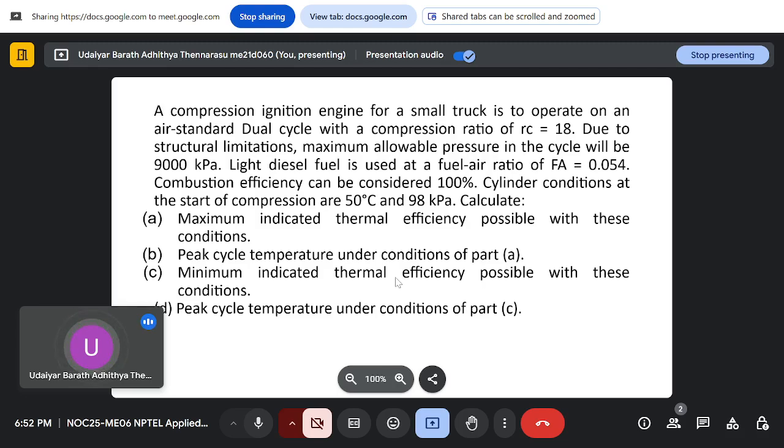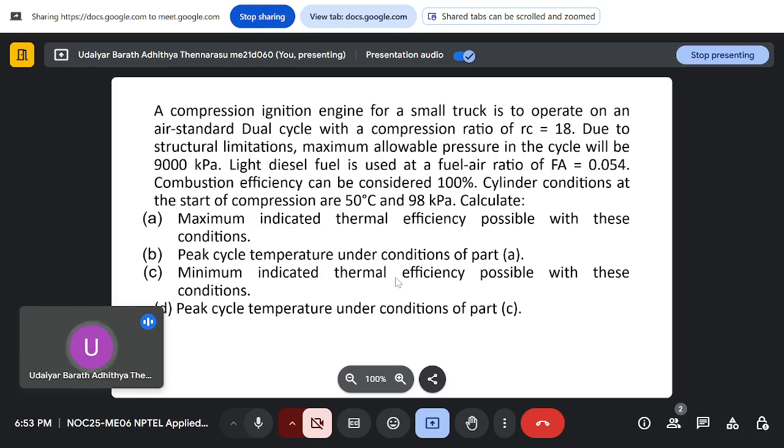Light diesel fuel is used at a fuel air ratio, instead of air fuel ratio, of 0.054. The combustion efficiency can be considered 100%. Cylinder conditions at the start of compression are 50 degrees Celsius and 98 kilopascal. Calculate the maximum indicated thermal efficiency possible with these conditions.